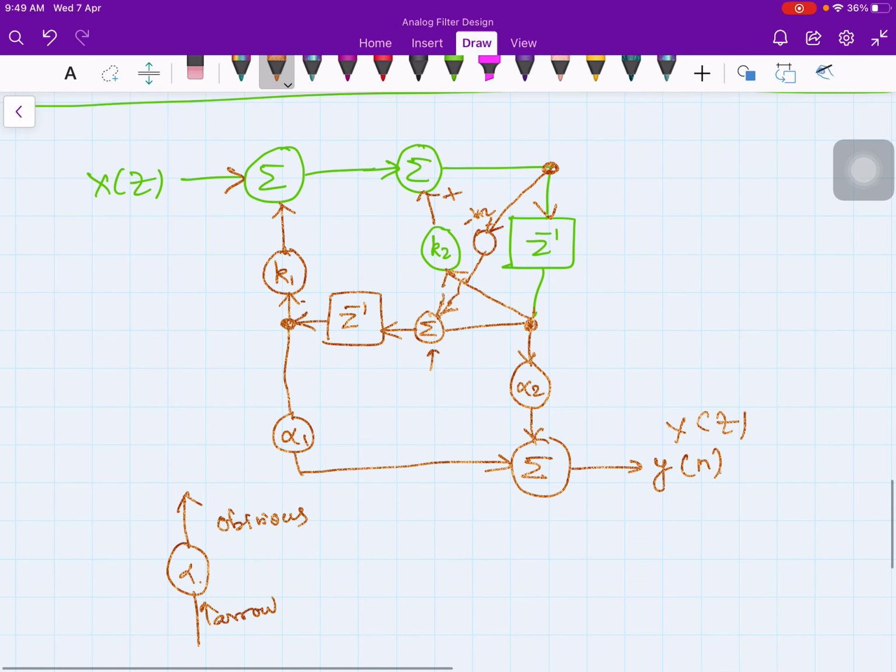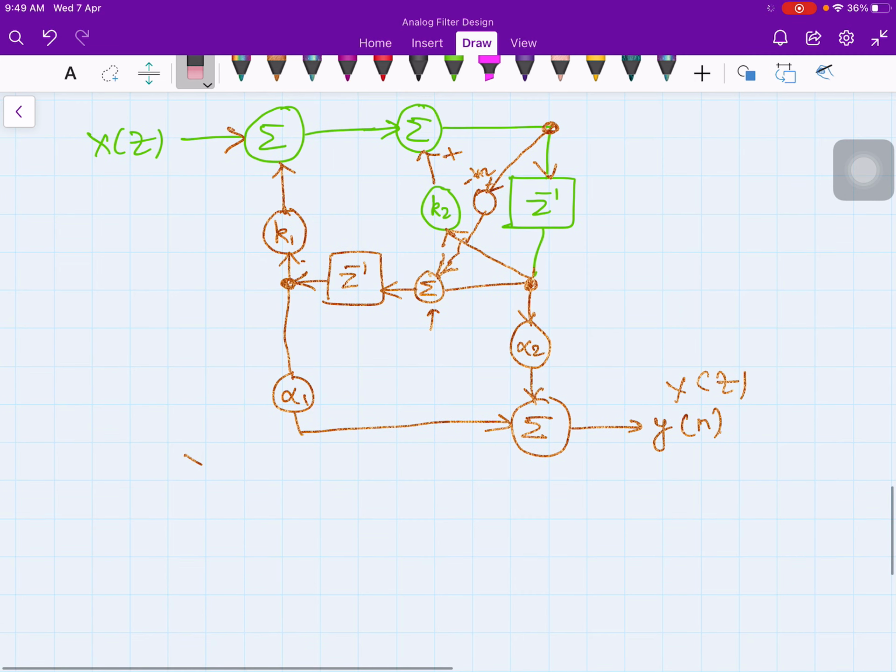So it is a fairly involved structure. All that I have to do is to find out what the signals are. Okay, what are the signals in this point and in this point, in terms of x of z.